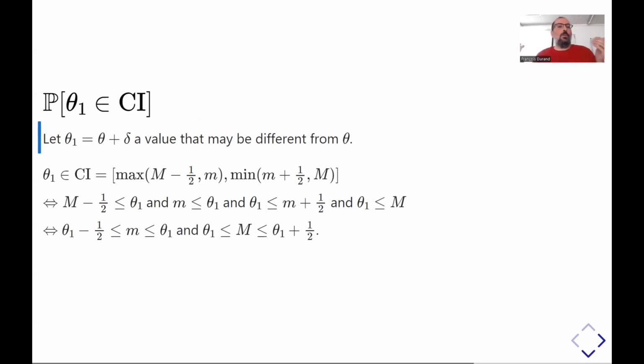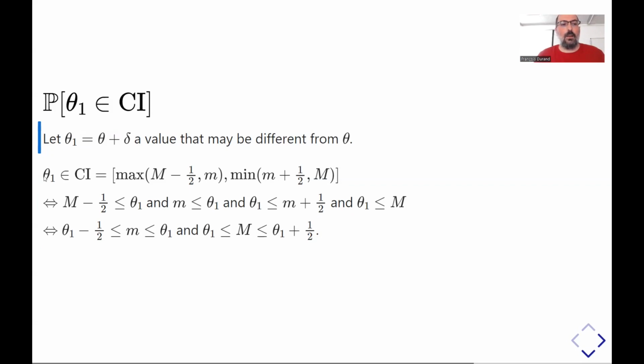Of course, we would like the probability that the confidence interval contains theta1 to be small. We want the probability that the interval contains theta to be big, but for a value that is different from theta, ideally we would like it to be small. So we can compute it. I skip the computation. It's not really complicated.